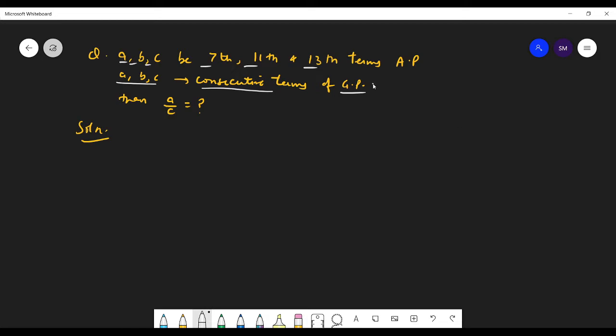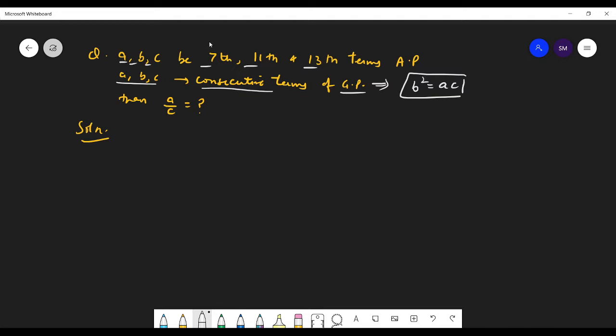So the terms are consecutive in the GP, you know what's the relation? B will be your geometric mean and you have the relation B square is equals to AC. So that's the meaning of this. And what about this? 7th term means what? A plus 6D.